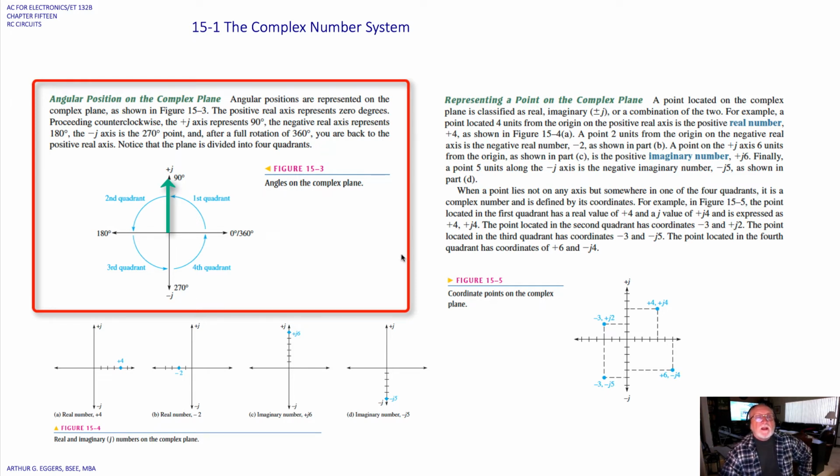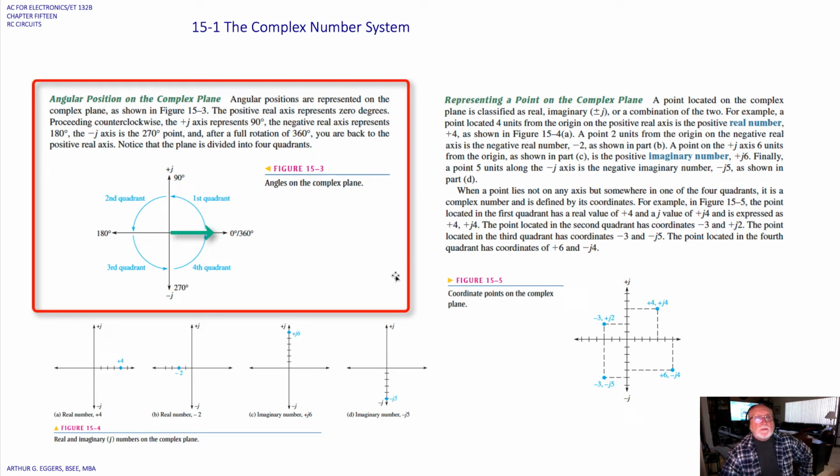The plus j axis represents 90 degrees. The negative real axis is represented by 180 degrees. The negative j axis is 270 degrees, and then back to 0 or 360, making one full rotation from quadrant to quadrant around the axis.